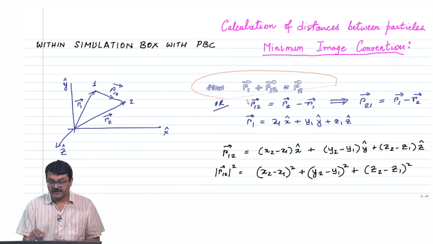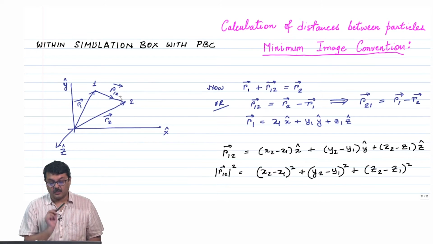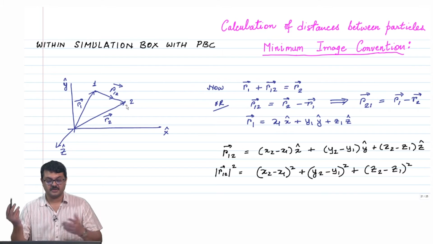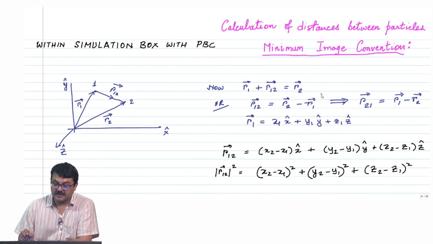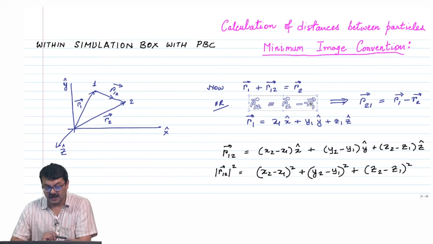Then one could easily write that r1 plus r12 equals r2, right. This would hold as a simple vector relation, but then one can also write r12 is r2 minus r1.